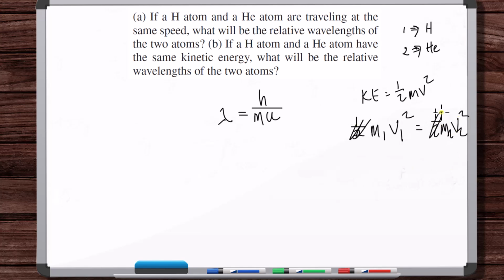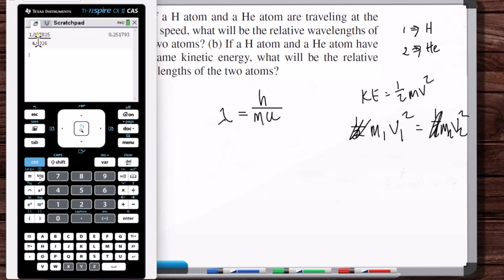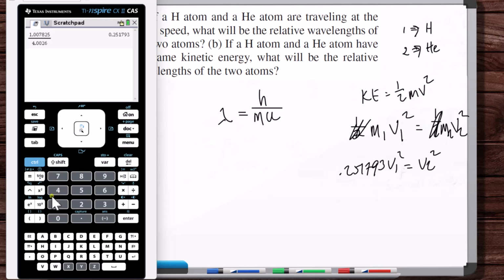The 1/2s cancel, and m1 divided by m2 is 0.251793, so v1 squared over v2 squared is this.